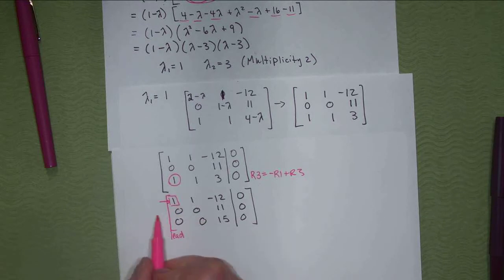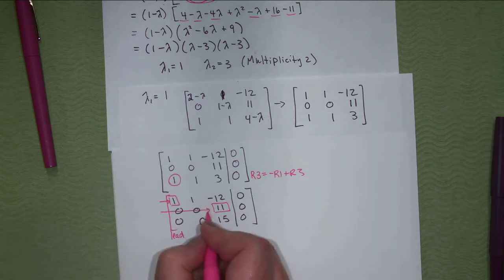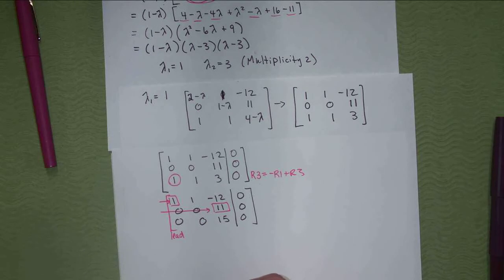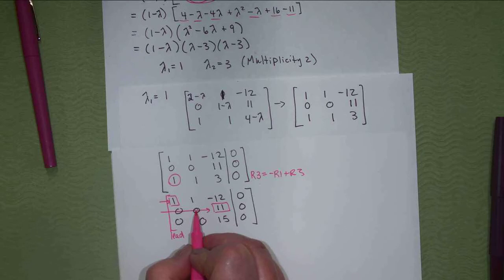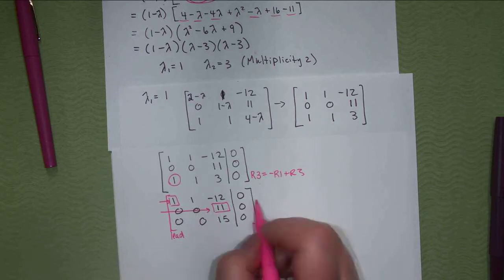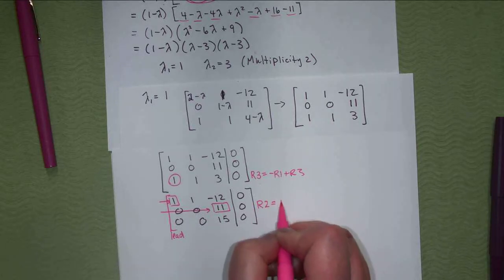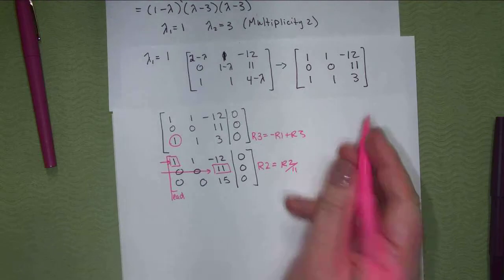Then you go to row 2, and the first non-zero number, we haven't seen one like this since the first time I introduced row reduced echelon form. So the first non-zero number you come to needs to be a 1. It doesn't have to be in this spot, it just usually is. So here needs to be 1. So that's in row 2, we need to divide by 11.